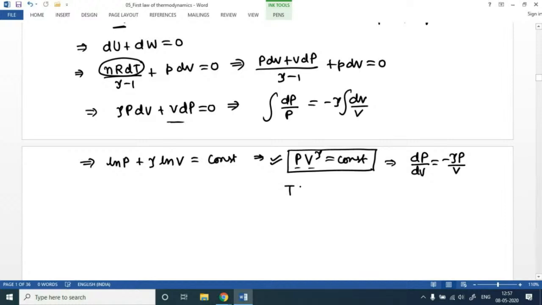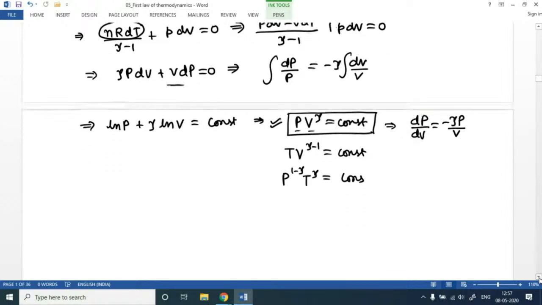For example, in terms of temperature and volume, this would be TV to the power gamma minus 1 would be constant, and in terms of pressure and temperature, using ideal gas equation, obviously we are writing all these proportionalities, P to the power 1 minus gamma into T to the power gamma would be a constant. So this is how several state functions will be related for an adiabatic change.